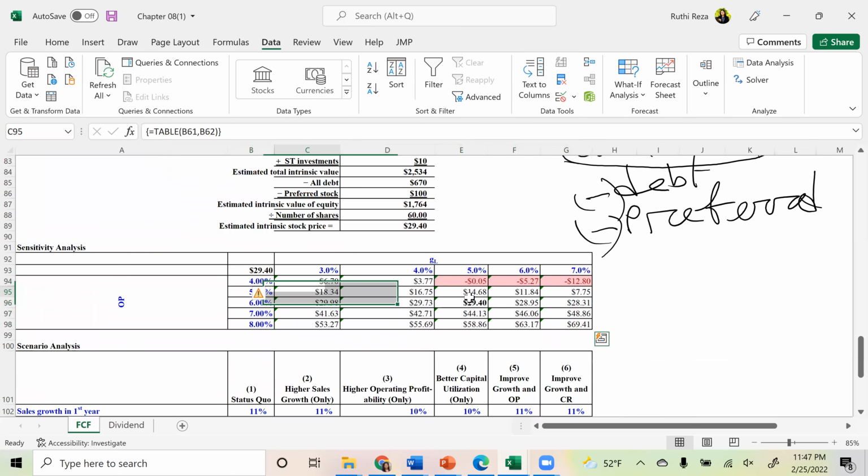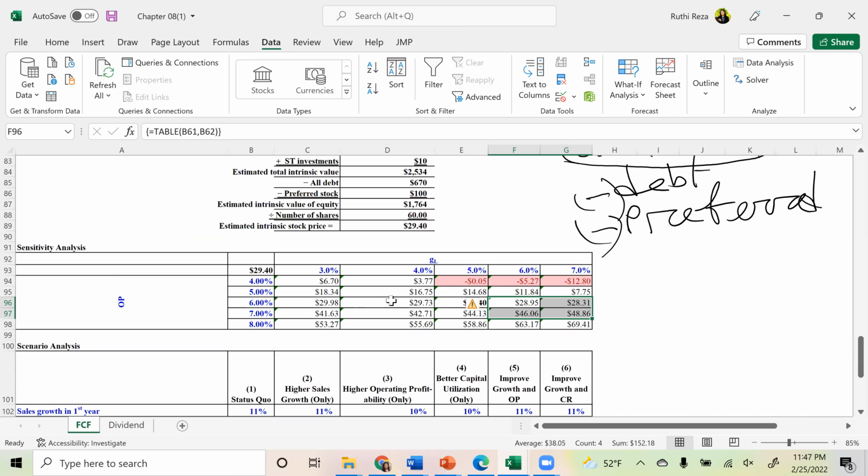Now you can see here, whenever your operating profitability is 6% and then long-term growth rate in FCF is 5%, your intrinsic stock price is $29.40. That is exactly what you calculated here. Then you can see here, as growth rate goes up, stock price goes up.